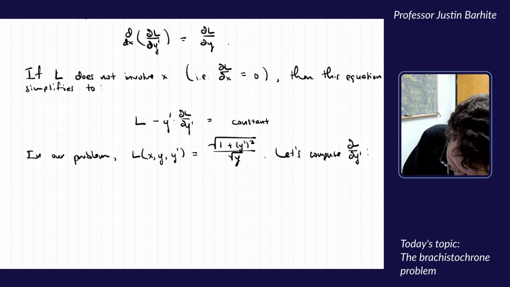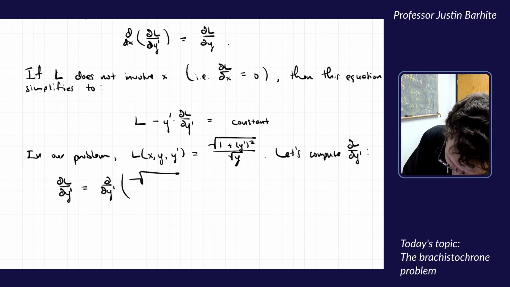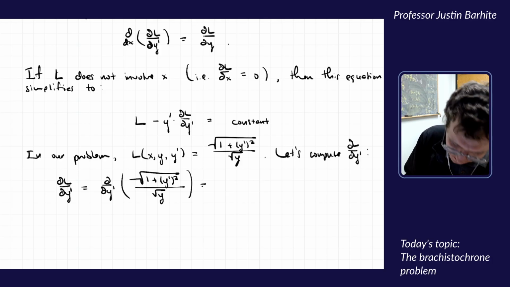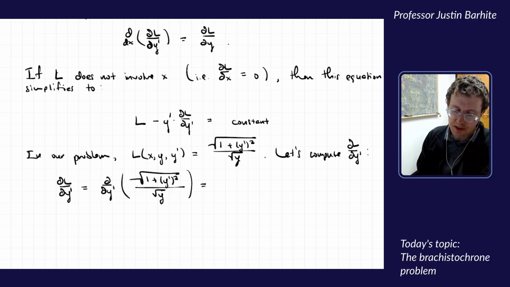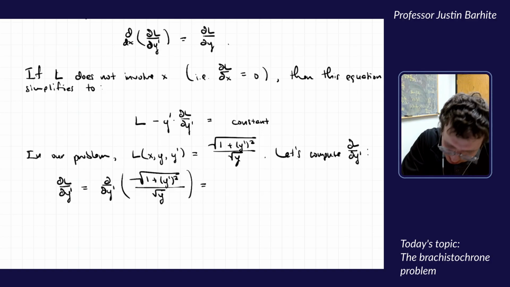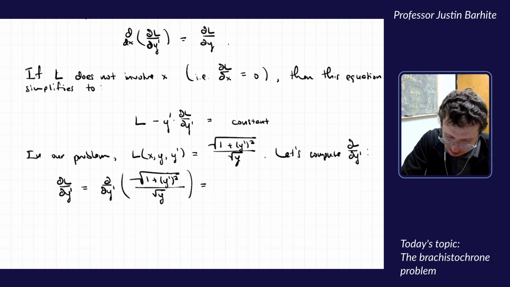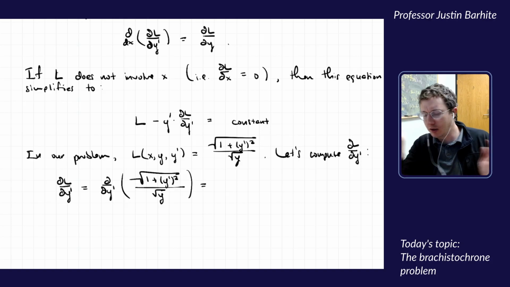Okay, so the partial derivative of L with respect to y means I'm differentiating this expression, which is L, with respect to y. And normally when you differentiate something with multiple variables, right, y prime depends on x, y depends on x, y prime depends on what y is, you have to apply the chain rule when variables depend on each other.